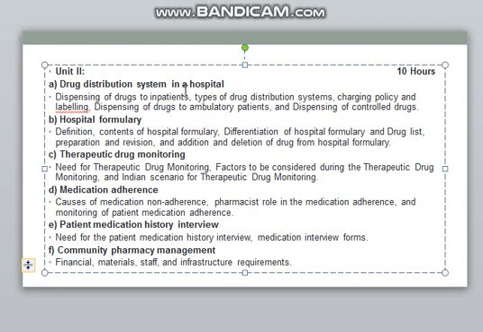Medication adherence means how compliant patients are with the drugs they are taking or not taking, and what the role of pharmacists is in medication adherence. Next is the patient medication history interview, how to take the history interview of the patient. Community pharmacy management: the financial, material, staff, and infrastructure requirements for pharmacy management.